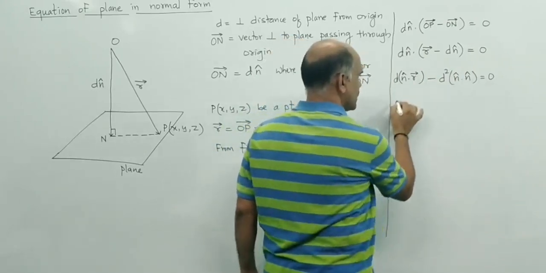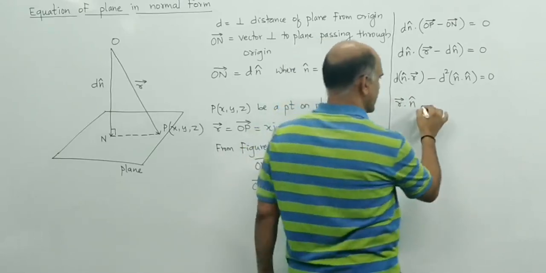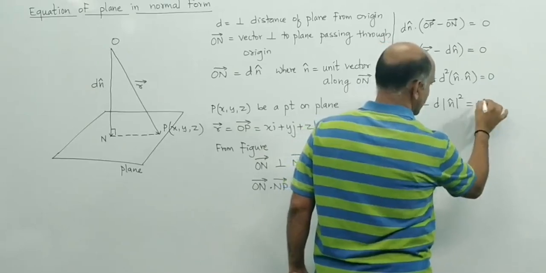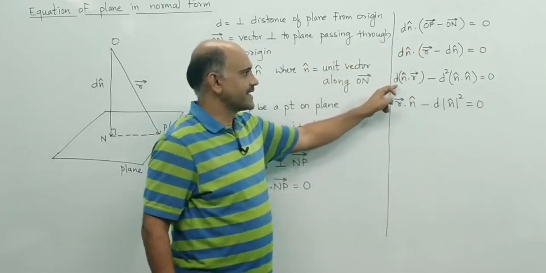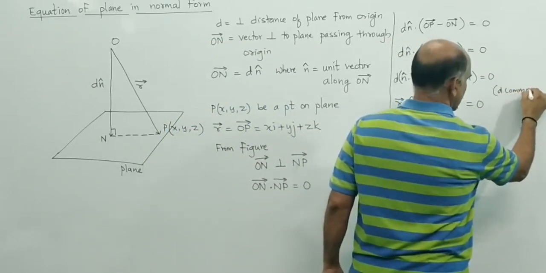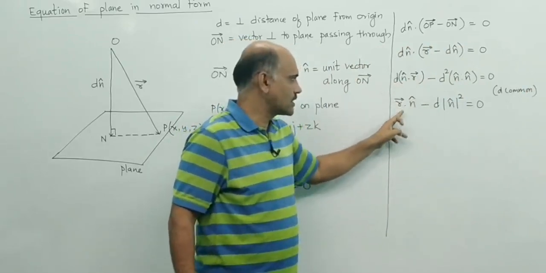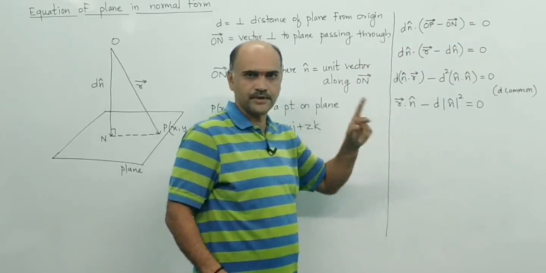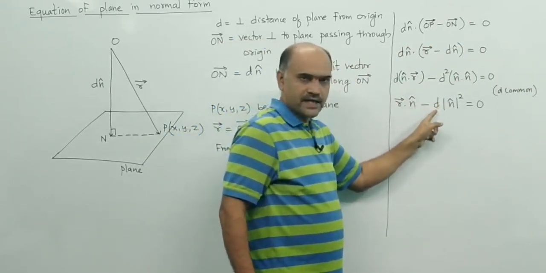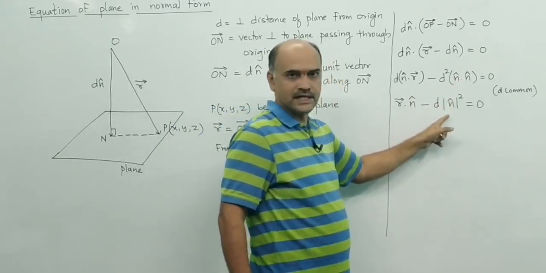So I will write it as R dot n cap minus D times mod of n cap square is equal to 0. Here n cap dot R or R dot n cap is the same, because the dot product is commutative. And n dot n can be written as the magnitude of n square.